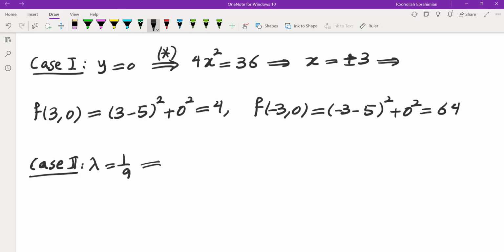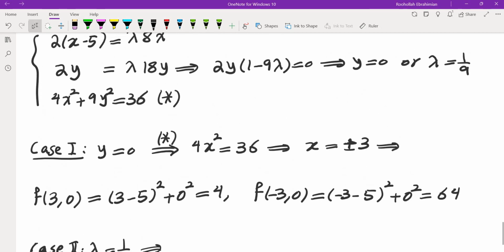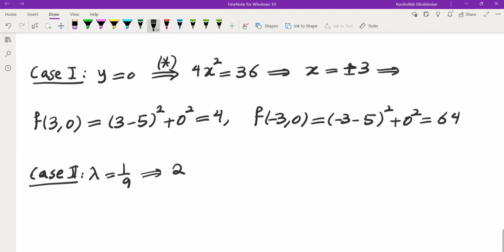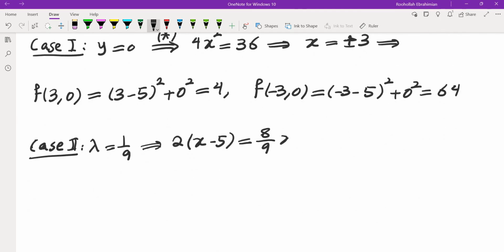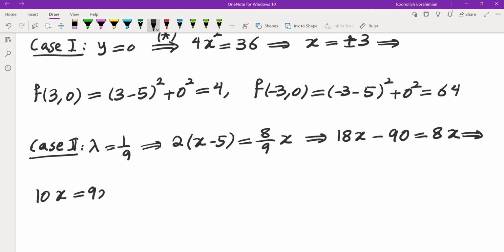If lambda is 1/9, we'll plug that into the first equation. We would get 2 times x minus 5 equals 8 over 9 times x. So we'll clear the denominator. We get 18x minus 90 equals 8x, and that would give us 10x equals 90, which means x is 9.